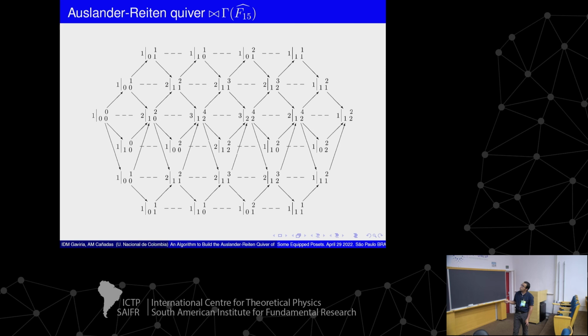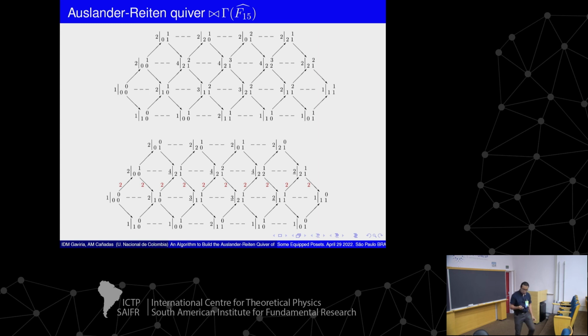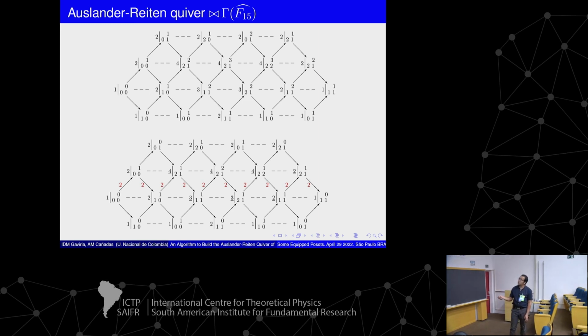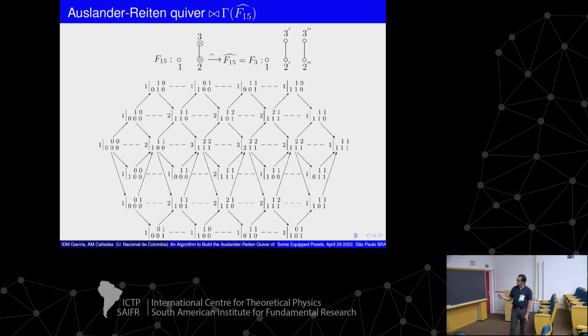Then you need to do the sum of the dimensions which are equal. And we continue with this procedure, and we obtain here the Auslander-Reiten Quiver of that equiposet. Right? Then this is the Auslander-Reiten Quiver of this poset here.